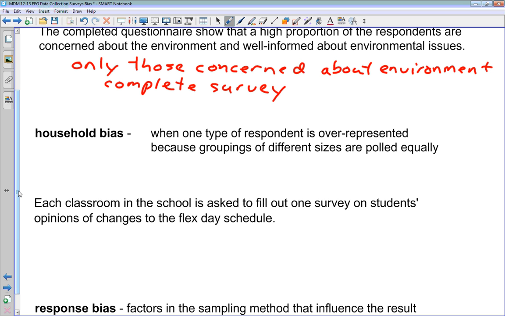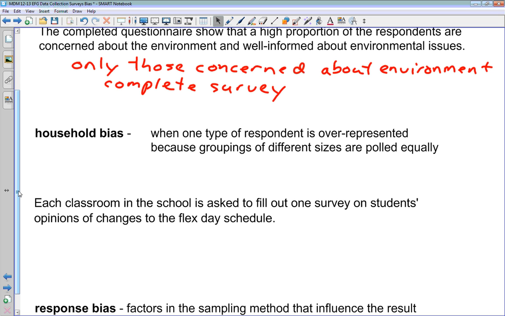They knock on each door and they ask the person who answers the door some question, and then they say, well, in a certain number of households they answered yes, in a certain number of households they answered no, without taking into account the fact that some households might have one person in it, and some households might have 6 or 7 people in it. Okay? So we're not getting an accurate representation of all of the people because we're sampling these things in different size groups.